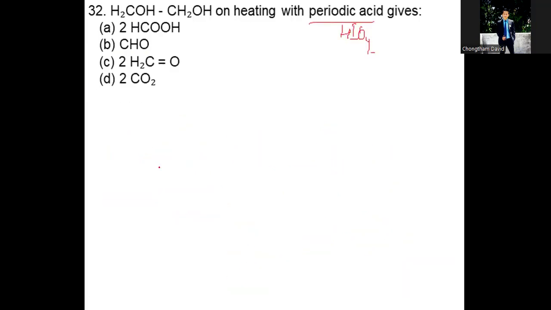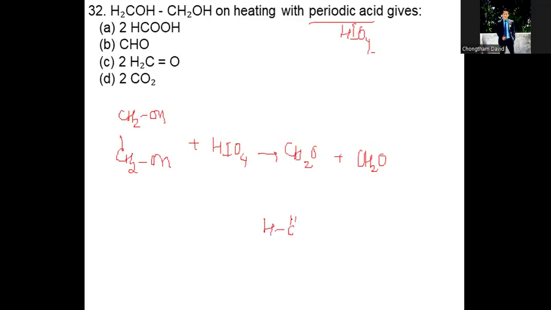Question number 32. Let us write the reaction. Ethane-1,2-diol on treatment with this periodic acid, HIO4, it gives your formaldehyde. I can write formaldehyde as such, but when you condense this, you're going to get the same thing.